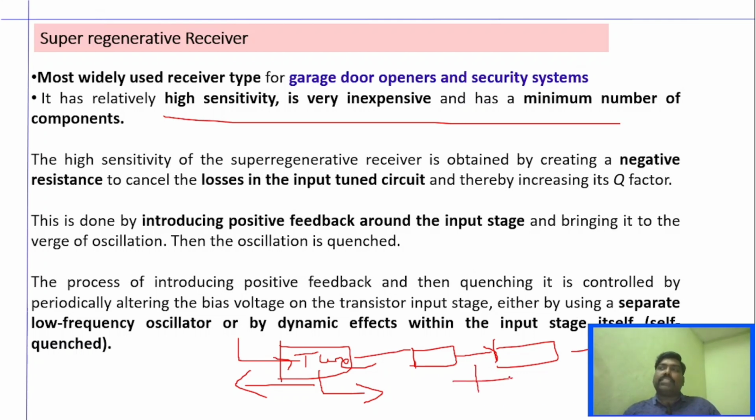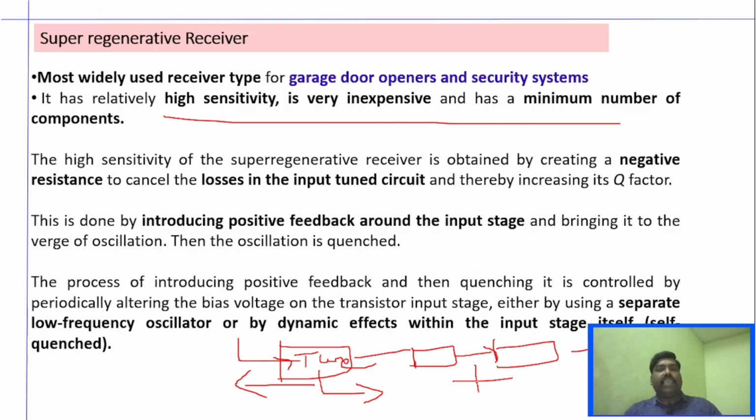We will give a positive feedback here so that it will create the required oscillation, and that oscillation will be quenched after a certain period of time, right? This starting and quenching of oscillation will be done very periodically.